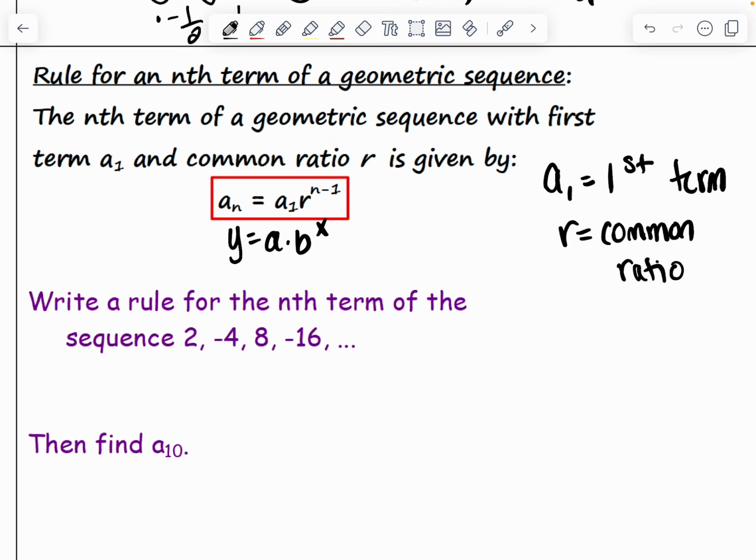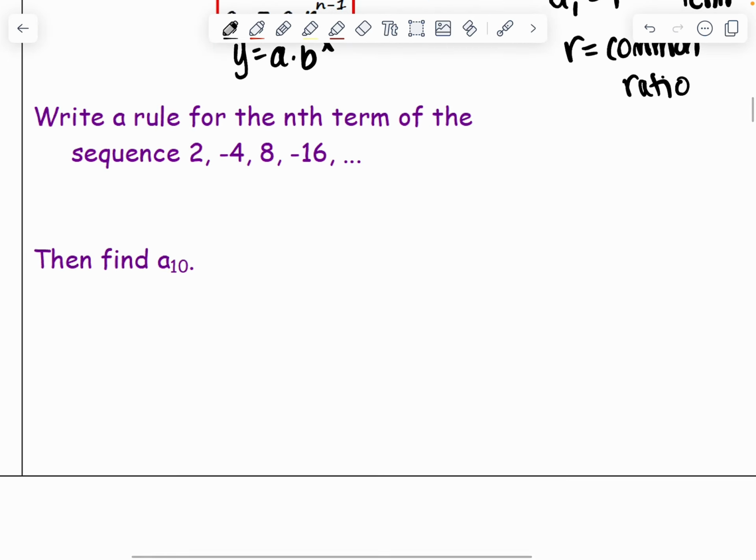so that we start with the first term when we plug it in. So if I want to write a rule for this sequence, I need to identify my first term. My first term is 2, and then I need to find my common ratio, which would be multiplying by -2. 2 times -2 gives you -4, times -2 gives you 8.